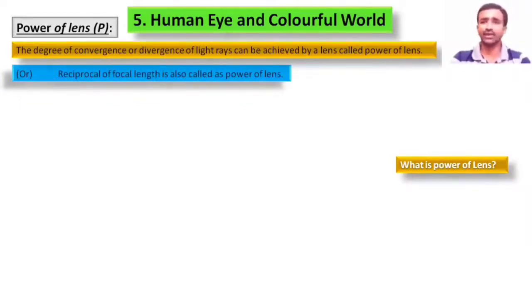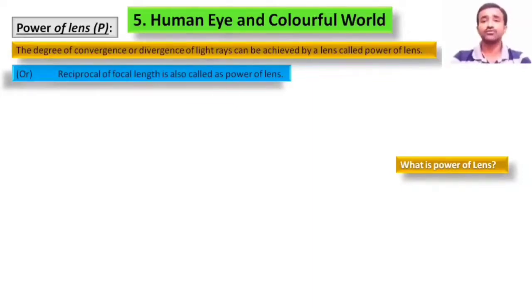So in any way, we can define the power of a lens. Look at the first definition, the degree of convergence or divergence. As we learned in the fourth lesson, when we use a convex lens or a concave lens, they can converge the light rays or diverge the light rays.